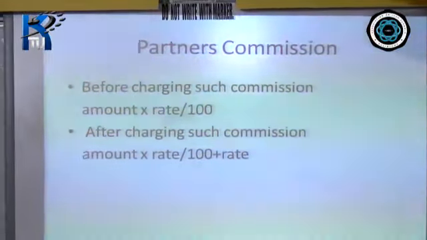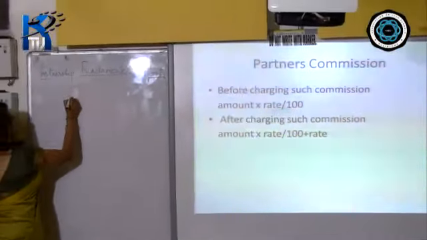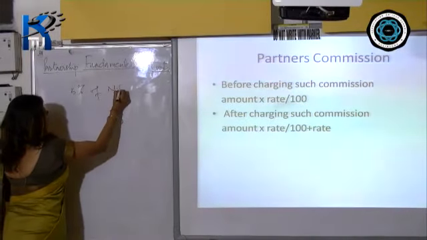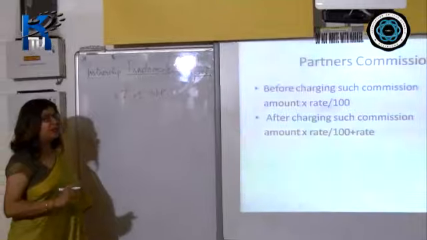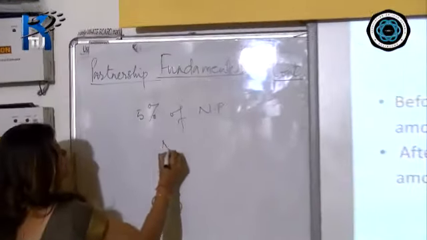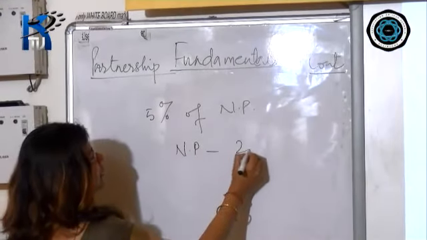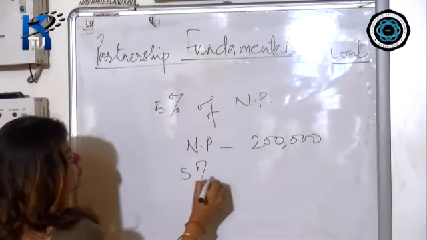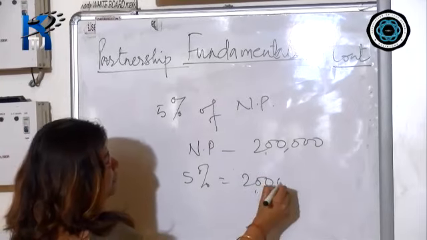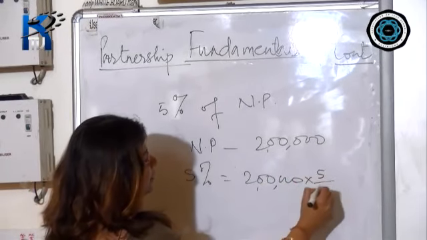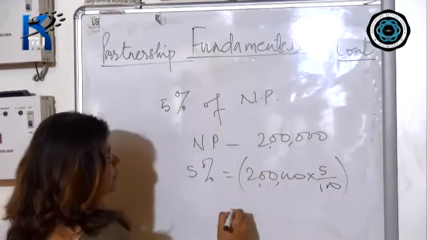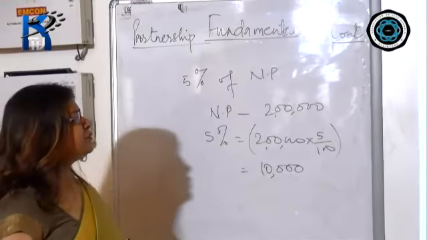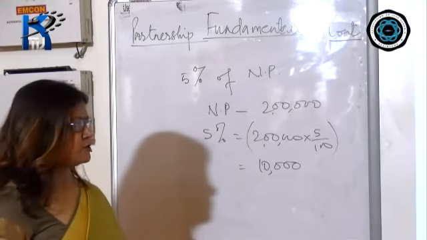Supposing it is 5% of net profit, and your net profit is 2 lakh rupees, 5% of net profit comes out to be 2 lakh into 5 upon 100. This would give you 10,000. So the commission comes out to be 10,000.